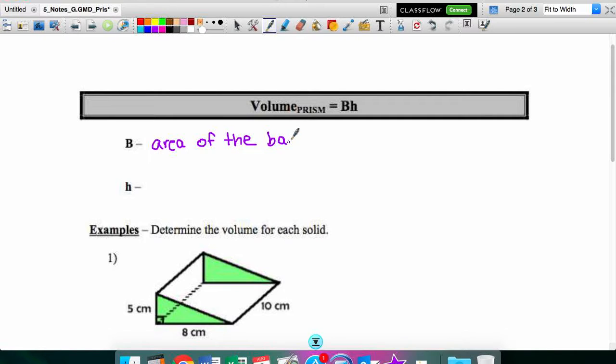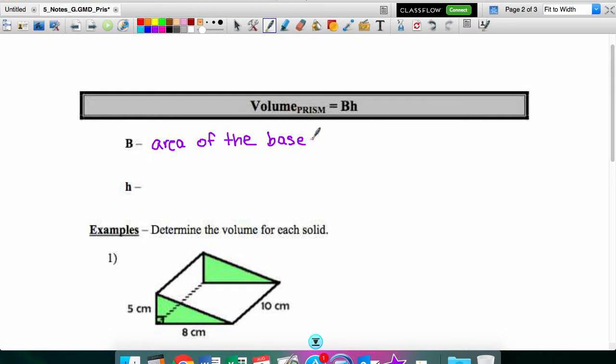If your base is a rectangle, you're going to use your length times width formula to calculate the area of the base. If your base is a hexagon, you're going to use your regular polygon formula, the 1/2 a-n-s formula. So when you're finding capital B, you have to choose the appropriate area formula.